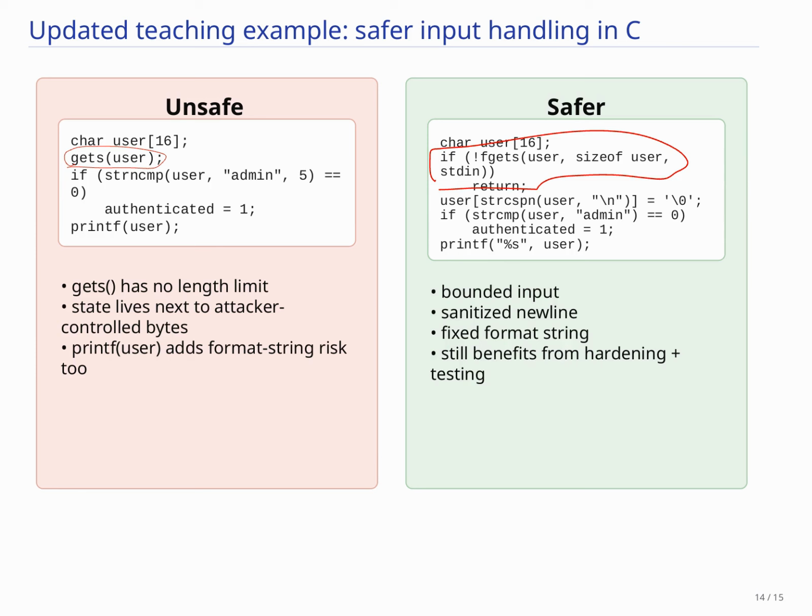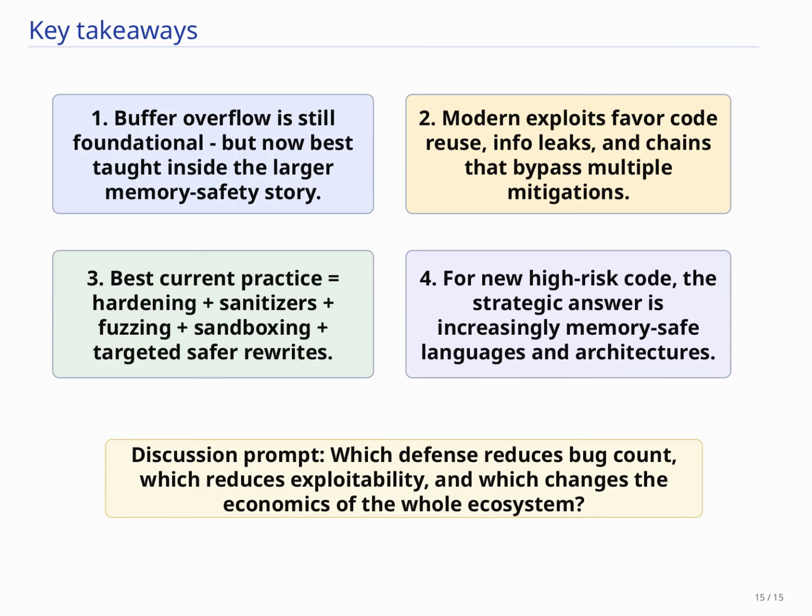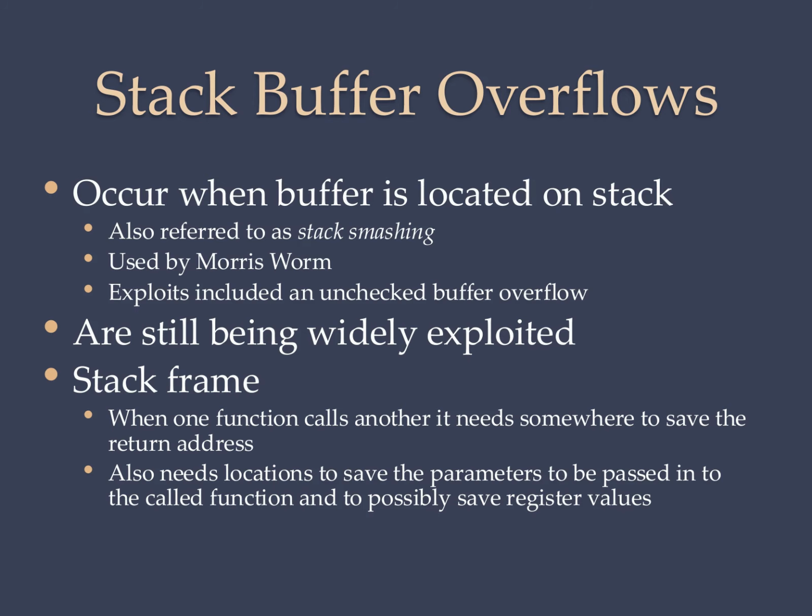That's what we want to say: bounded input, sanitized newlines. I mean, still these are mock examples, not real-world examples, but I want to give you the idea of what this buffer overflow problem and these exploits are. That's how we do it. So just a second, let me turn back to here.